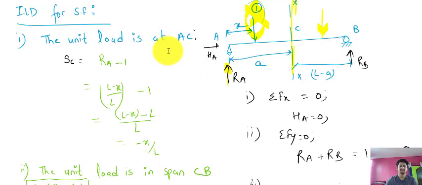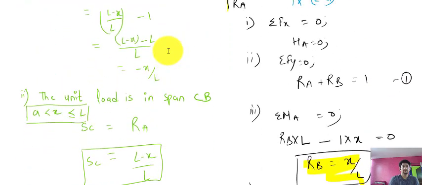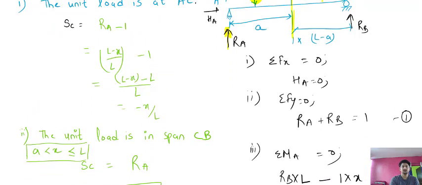Now when it is in span AC, x will vary from 0 to A. Here x will be 0, and it will vary till A because it is in span AC. For that condition you need to calculate the value of shear force.